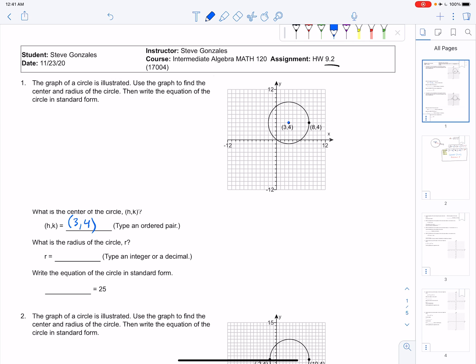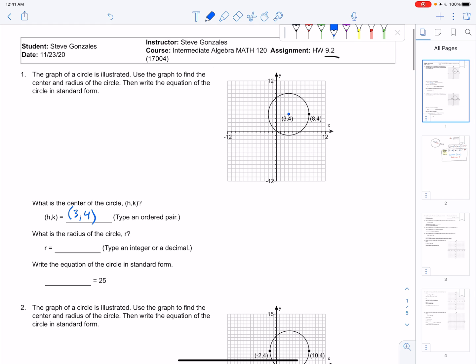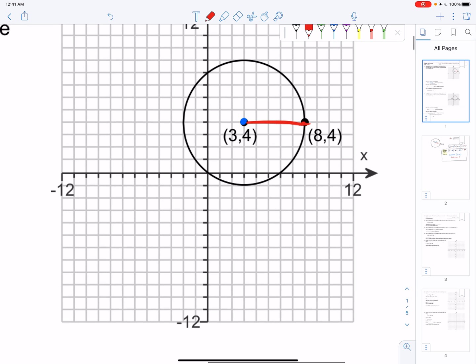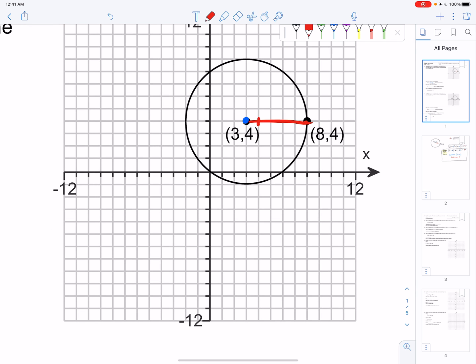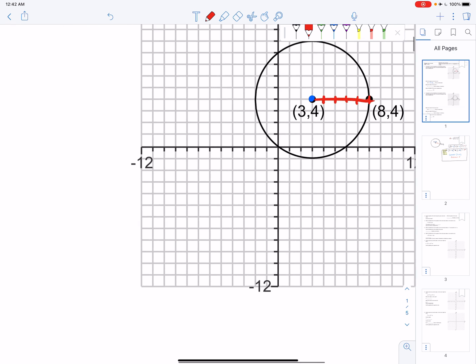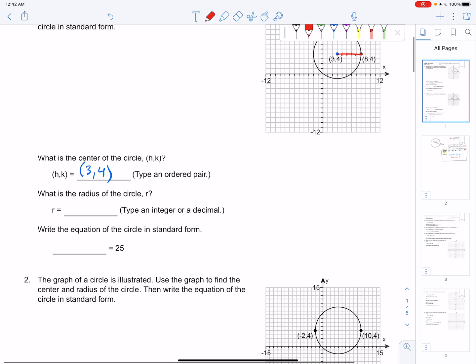Now what is the radius? The radius is this distance from the center out to this point on the circle. It's probably easy enough to just count that out: 1, 2, 3, 4, 5. So the radius is 5.